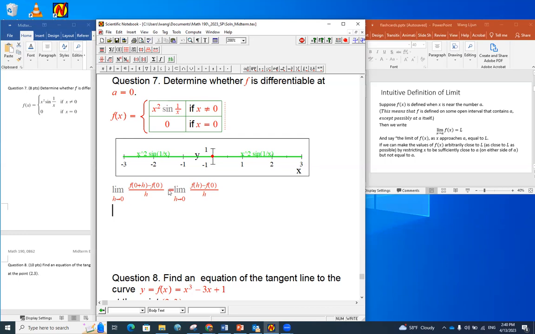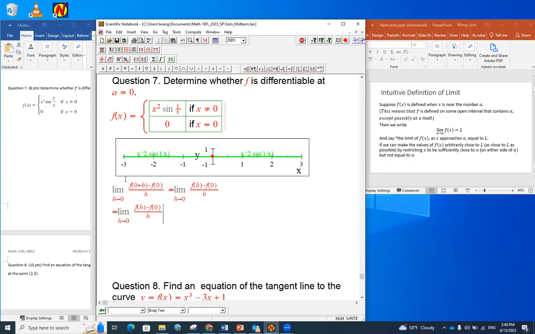So we're going to plug in. f of 0 is 0, and f of h is h squared sine of 1 over h.